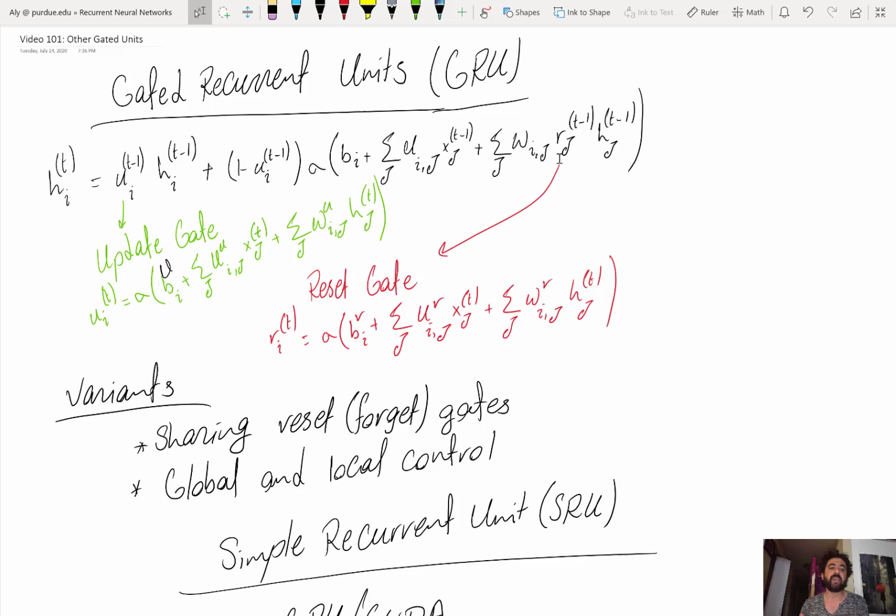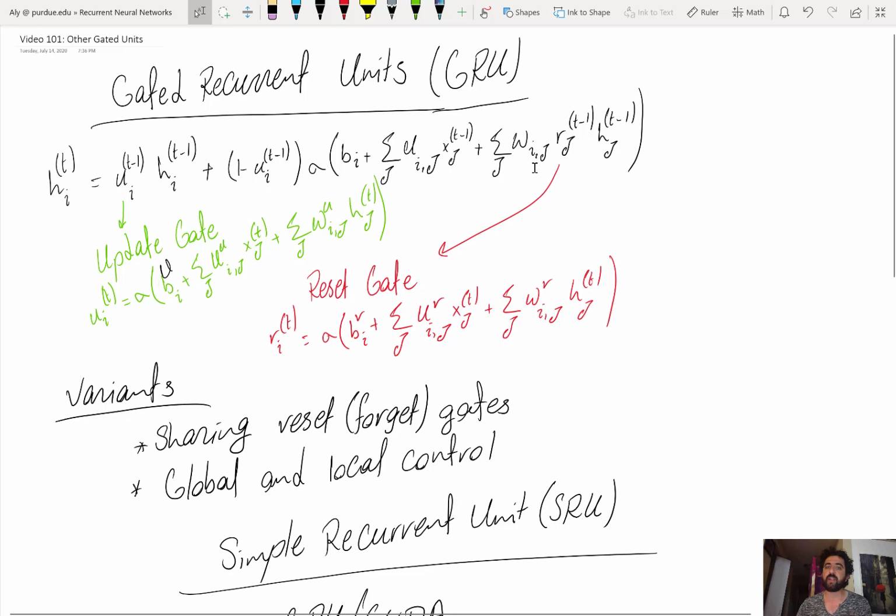And the reset gate has a very important function: it allows you to filter out the previous state. So not necessarily all the dimensions of the previous state will affect the current state, right? Depending on the vector given by the reset gate, some of it will weight the previous states differently before multiplying by the weights wij, right?